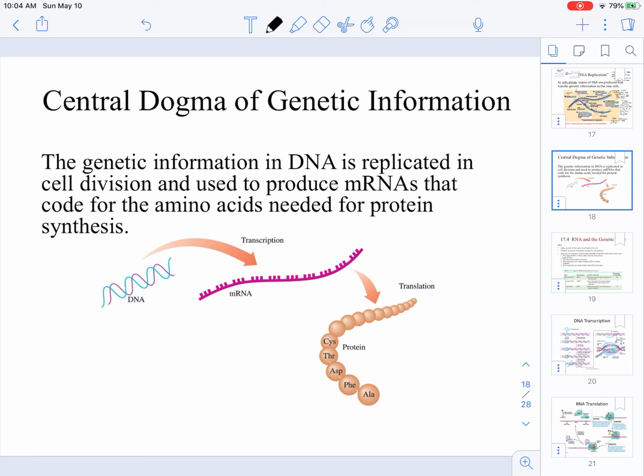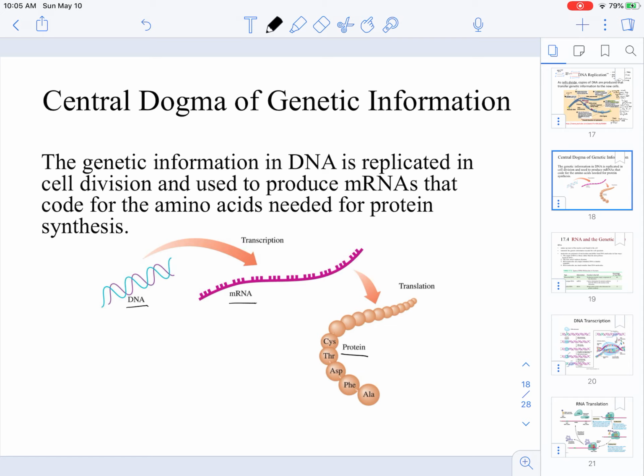Now we're going to explore the central dogma of genetic information. Understand that the flow of genetic information goes from DNA to RNA to protein. So proteins are actually made from a DNA strand.